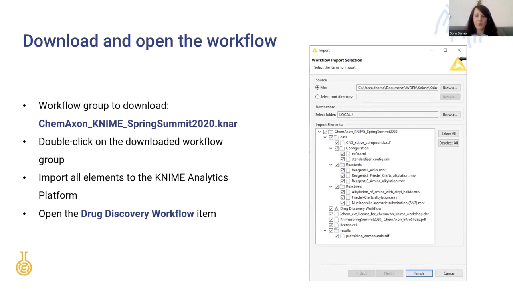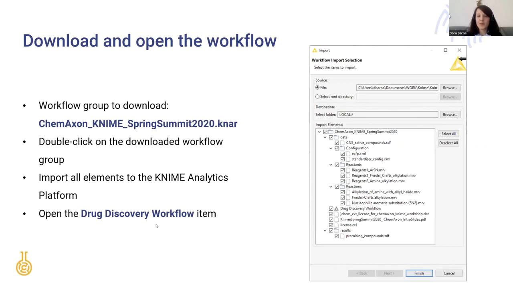Once you have opened it in KNIME, you will also have to specify where you would like to ungroup the folder for this workflow group. The default place would be the local KNIME workspace on your computer. Once you do it, you would be able to access the evaluation license files and also the PDF slides in them.